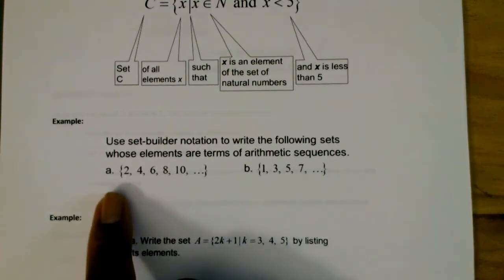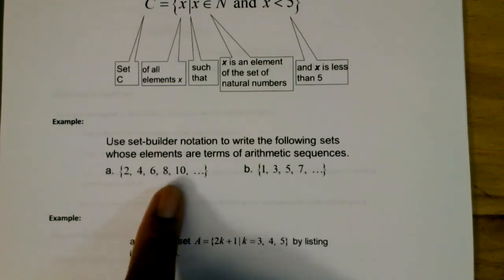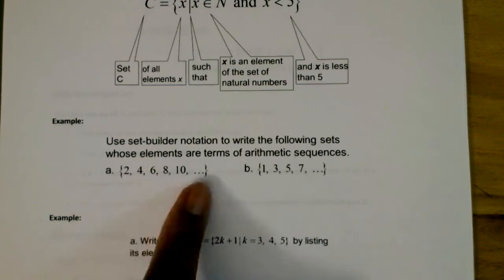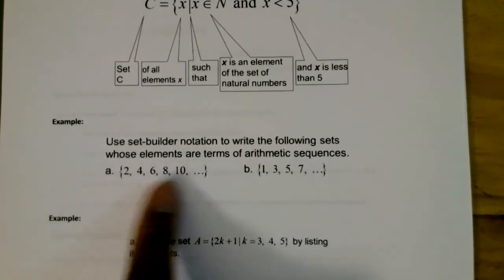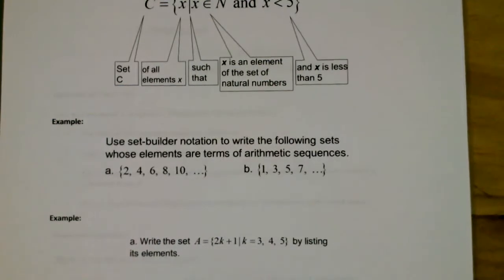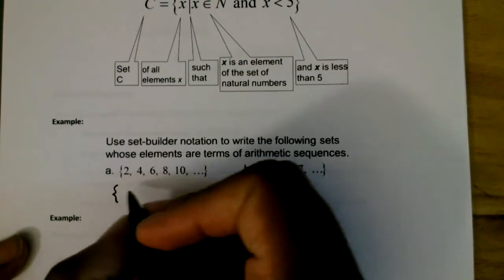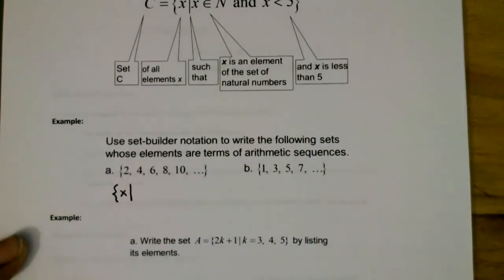Like for this one, A is equal to the elements 2, 4, 6, 8, 10, and so on. So if I wanted to write that in set builder notation, we can look at this as the set of even numbers, because that's what we have here, 2, 4, 6, 8, 10, and so on. So in set builder notation, we can write like this.